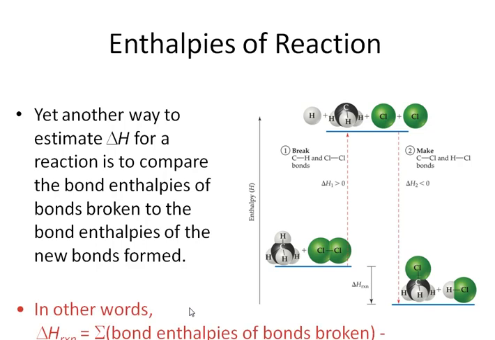In other words, there's a crazy equation on there that you can't see. Your heat of reaction is the sum of the bond enthalpies broken minus your bond enthalpies formed. Check your book out for the actual equation there if you want to see it written out nicer than what I did.